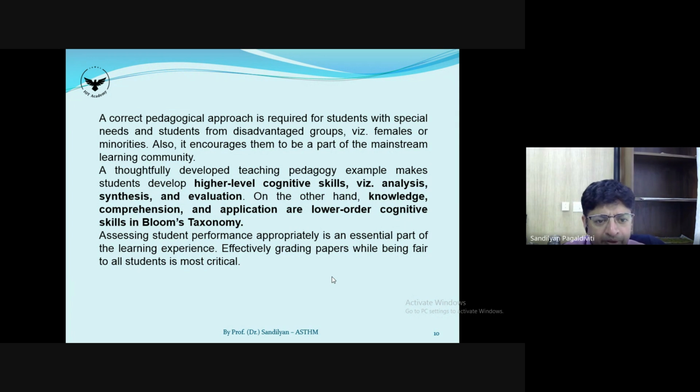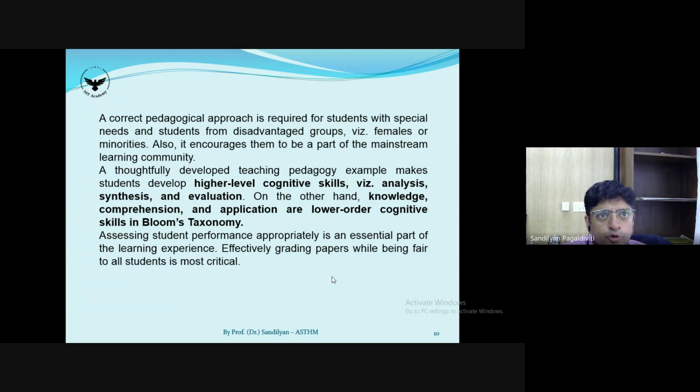Your students will develop higher level cognitive skills. They will be able to analyze, synthesize, and evaluate the content. Though you can understand that having knowledge about a particular subject, understanding the subject, and application of this knowledge, these are all lower order skills as per Bloom's taxonomy.